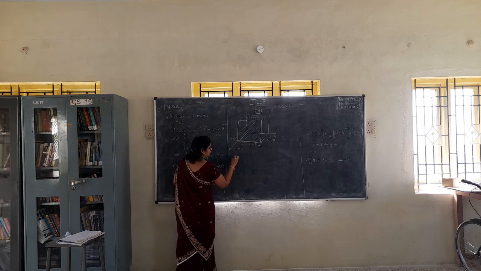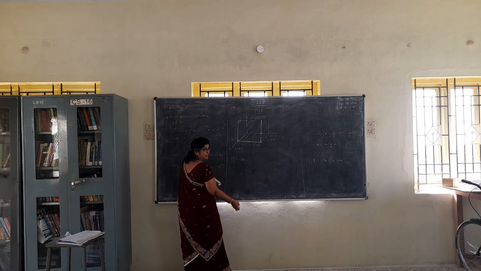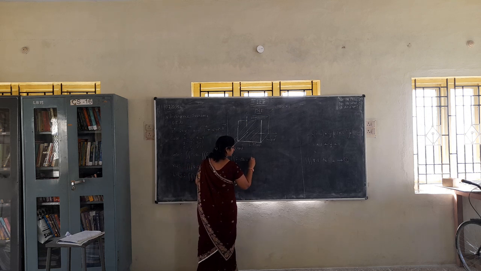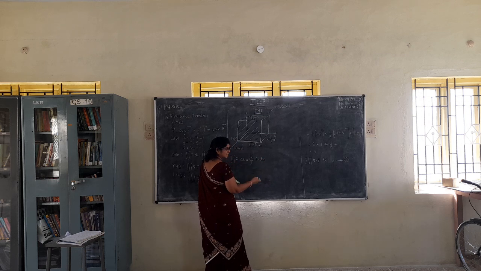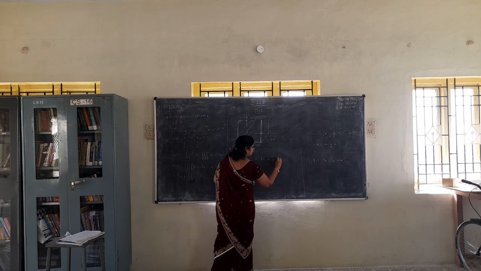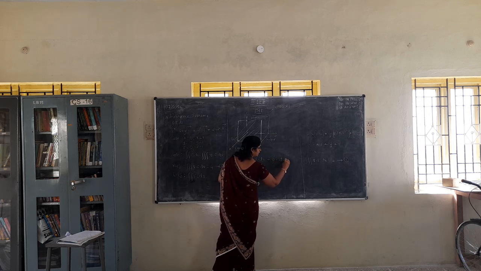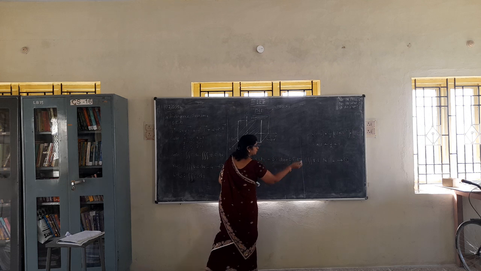So the double integral of F dot dS is split into the closed integral of F dot dx plus F dot dy plus F dot dz.